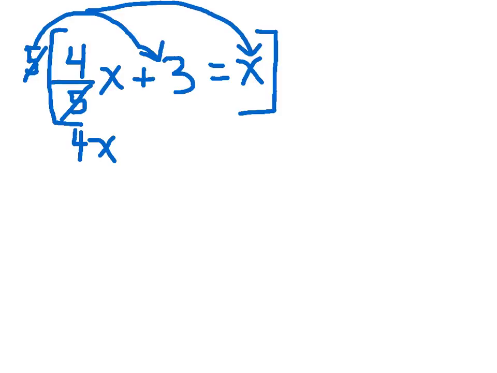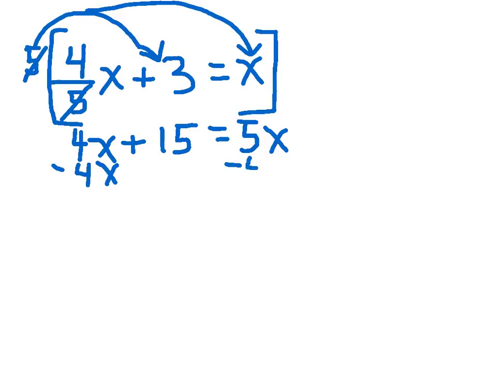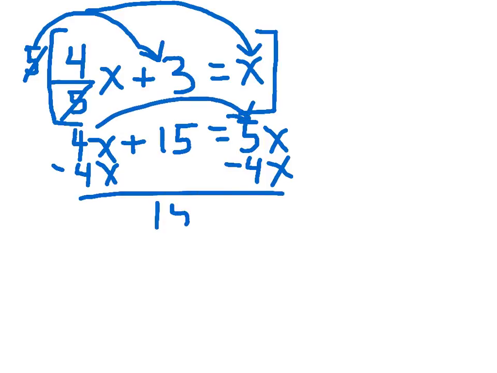There's no protective shield here, so 4x plus 15 is equal to 5x. Now I need to get my variables on one side of the equation. There's constants only on one, variables on two, so that means we want to bring our variables that way, meaning 15 is equal to x. And that's the answer to that problem.